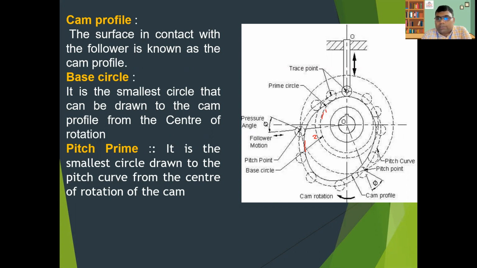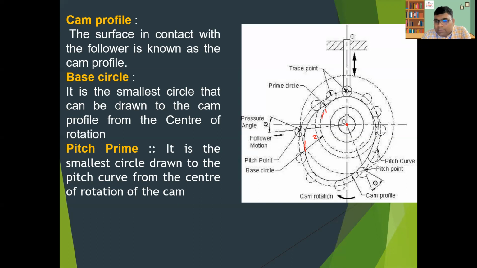So here you can see the different components. This point is called the trace point. This is the circle which passes through the trace point, and the center of the circle is the center of the cam. This is called the prime circle.